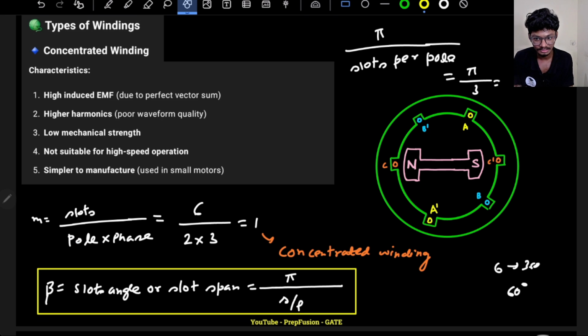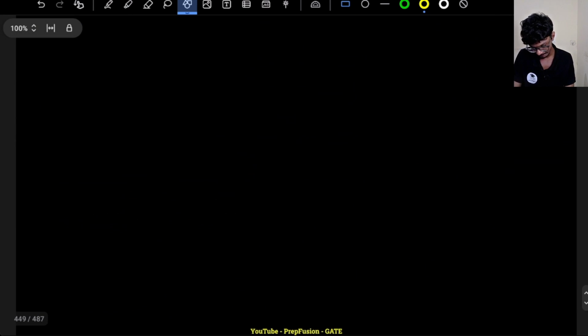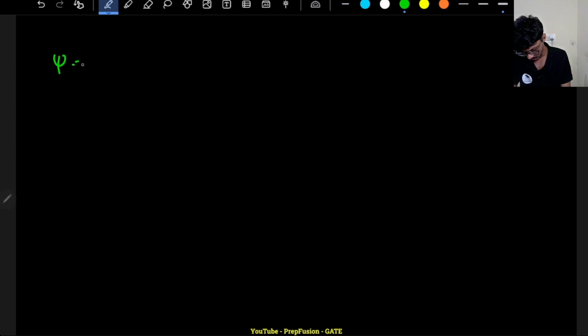There is another term known as phase spread, denoted xi. What does this mean?